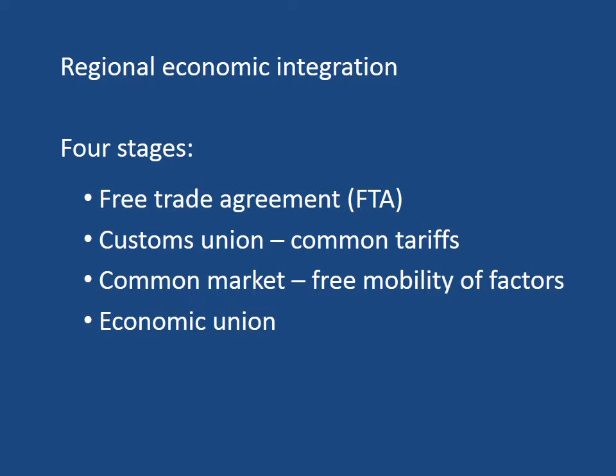It may go on to a customs union, in which the countries establish common tariffs for trade with countries outside the region. It may then go to a common market, in which there is free mobility of the factors of production: capital, labor, materials, and so on. And finally, it may progress to an economic union.